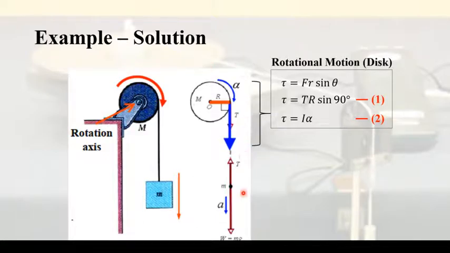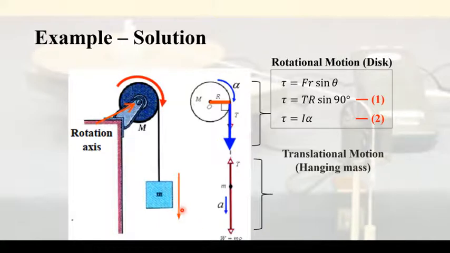Okay. Next, I'm going to look at my second diagram, the free body diagram for the hanging mass, this block. This block is moving in linear motion, or we call it translational motion. For linear motion with acceleration, we apply Newton's second law: summation F equals ma. Based on this diagram, I'm going to take a as the positive direction.